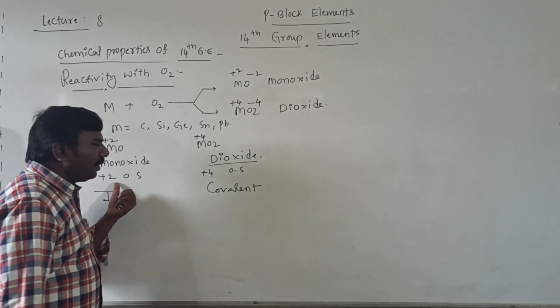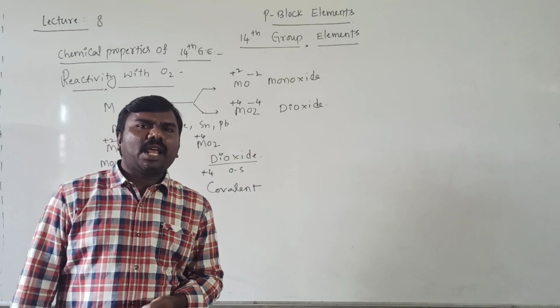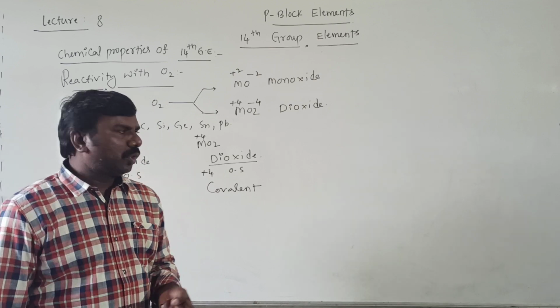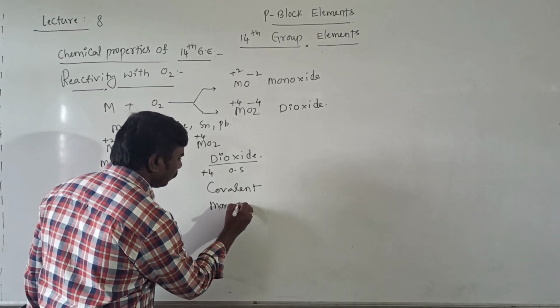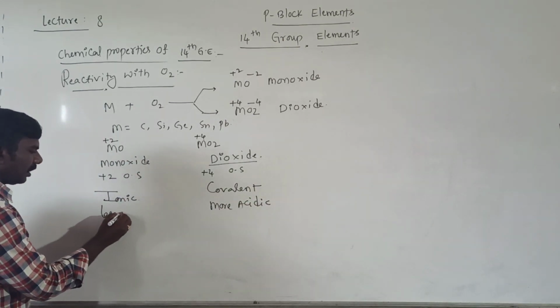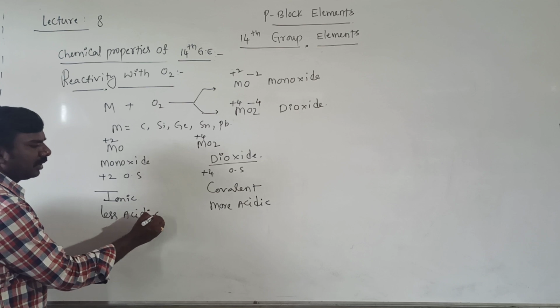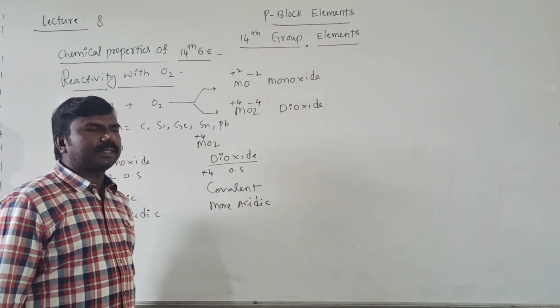Plus 2 means only 2 electrons are deficient, so they can accept only 2 electrons. Electron acceptor is called Lewis acid. More electron acceptor, more acidic. Less electron acceptor, less acidic. Clear? Very important. Ionic, less acidic; covalent, more acidic.